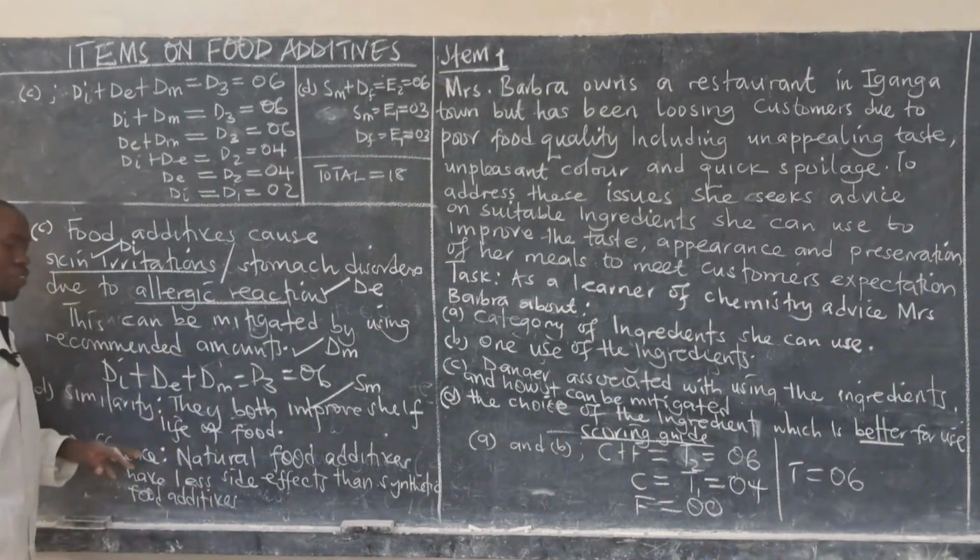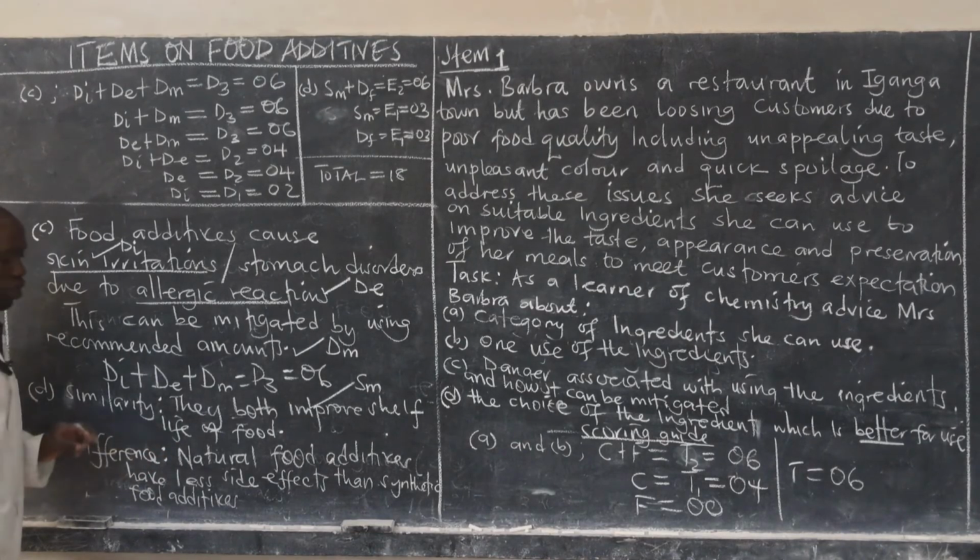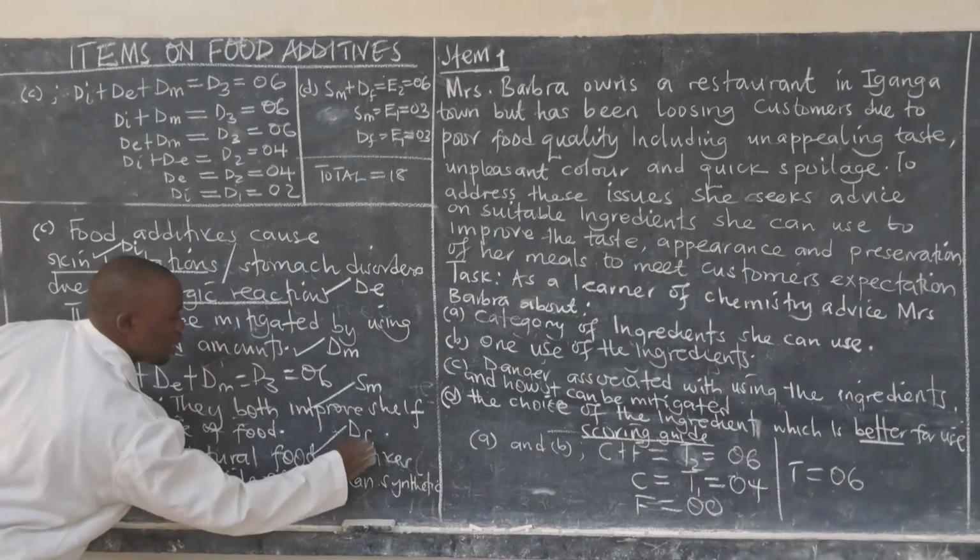There are so many other differences, so we can actually narrow this. So we put a tick DF.